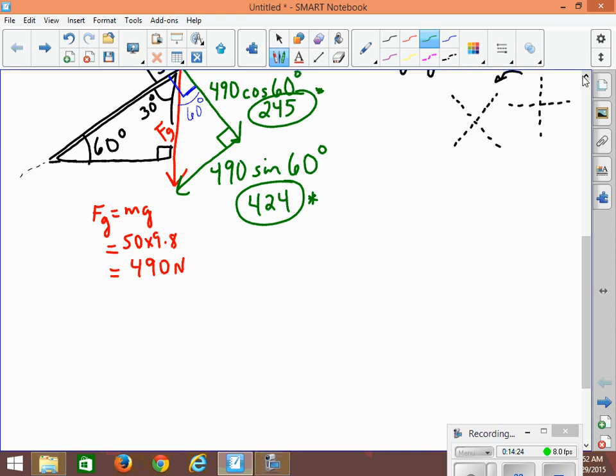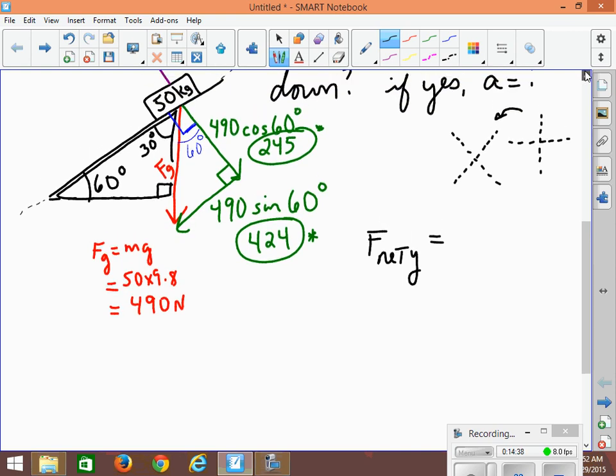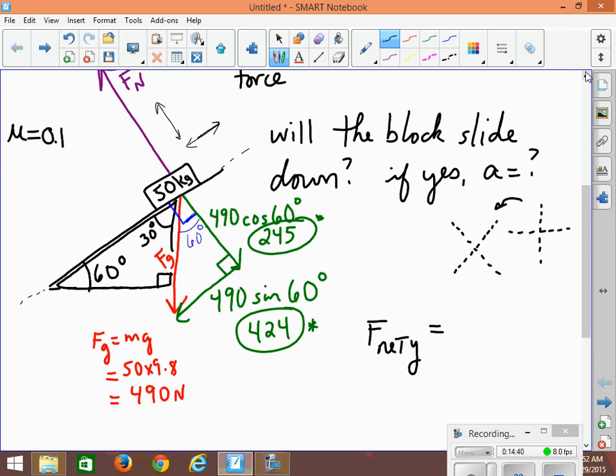Let's now draw our Fnet equations. Let's start with our Fnet y equation. Well, Fnet y is the sum of all the forces that are uppy-downy, or vertical. In our new picture, vertical is this way. Remember, we have adjusted our reference frame.